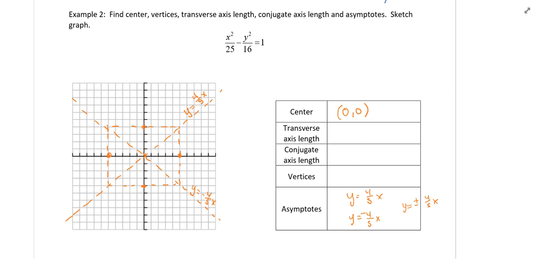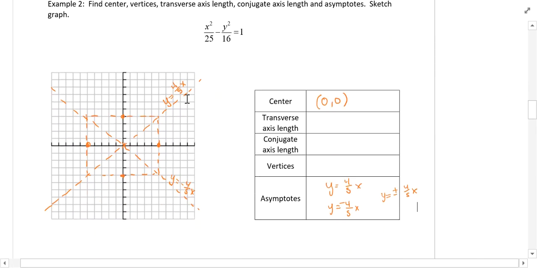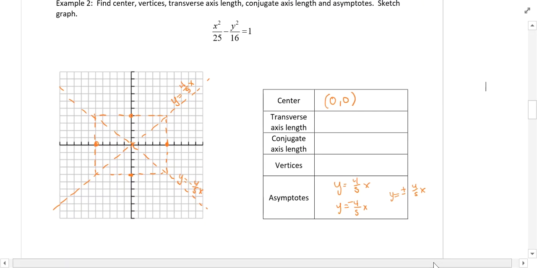Next thing I want to do is put in my sketch of my hyperbola. Again, I have an x squared minus a y squared, which means I have a left-right, which means I'm going to have that branch and that branch.